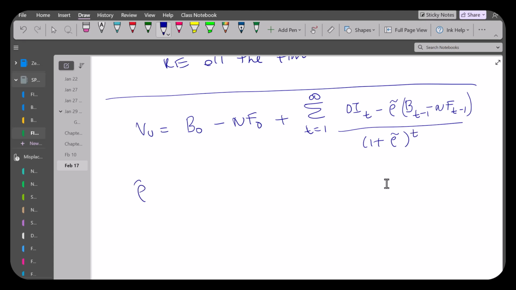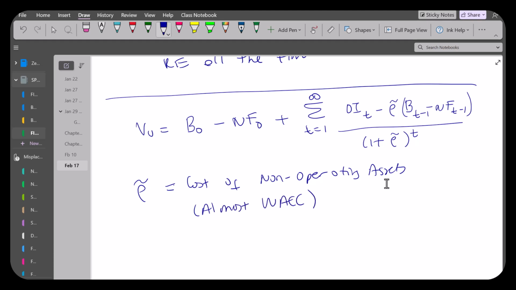Rho tilde is the cost of non-operating assets, almost the weighted average cost of capital.